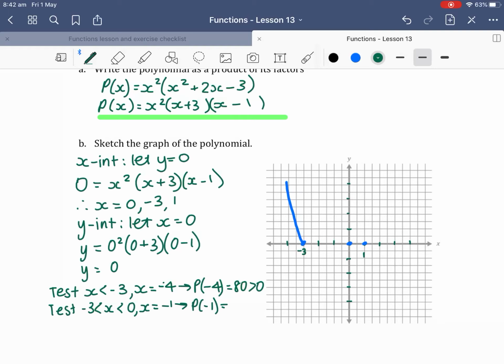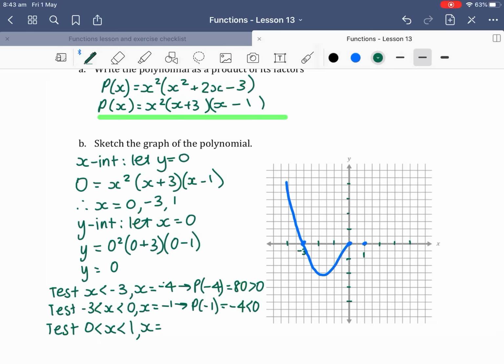So when we sub minus 1 into our equation, we get negative 4. So that's less than 0. That means between minus 3 and 0, we go below the x-axis. Then we're going to test between 0 and 1.